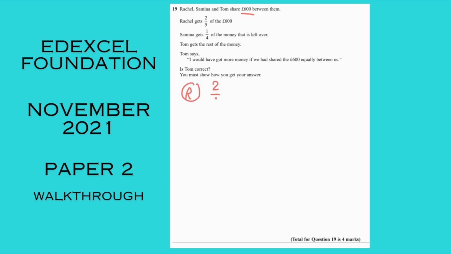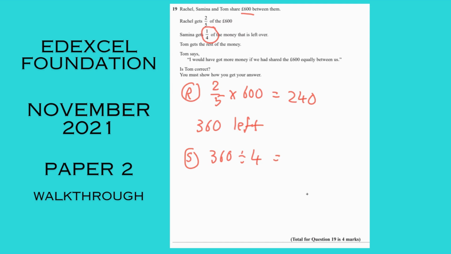She gets 2/5 of, means times. That's 240. So that means Samina and Tom, 600 minus 240, there is £360 left. Samina gets a quarter of. So she gets 360 divided by 4.